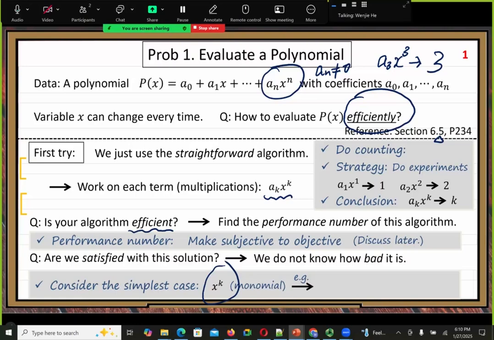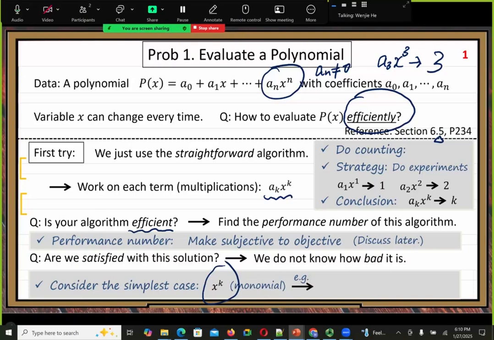But when we select a specific concrete example, we want it to be meaningful, right? Because x to the first is not meaningful, because we do nothing. X squared, we do one multiplication, still nothing to do differently.